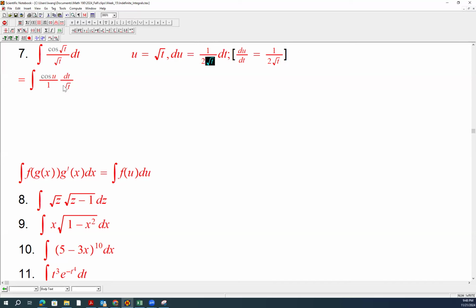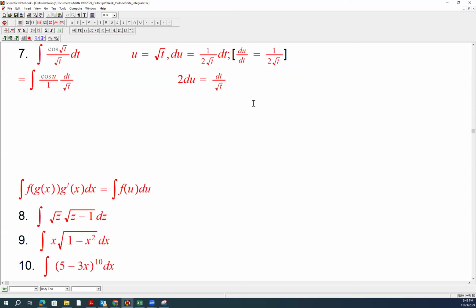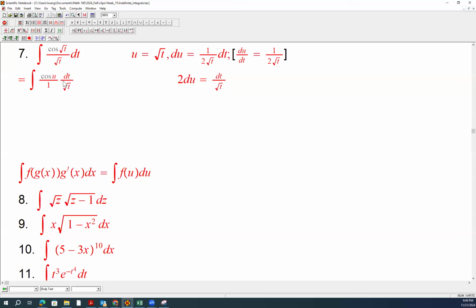That's 2 times du. So in this relationship, you will have 2 times du equals dt over root t. By this time, we can do the substitution. dt over root t is going to be 2 du.